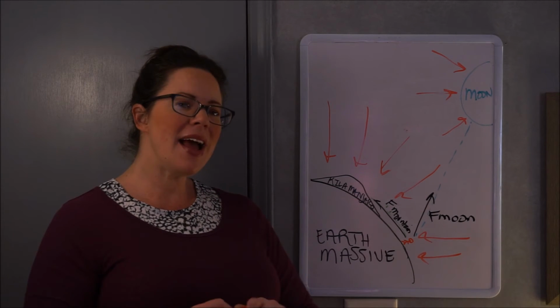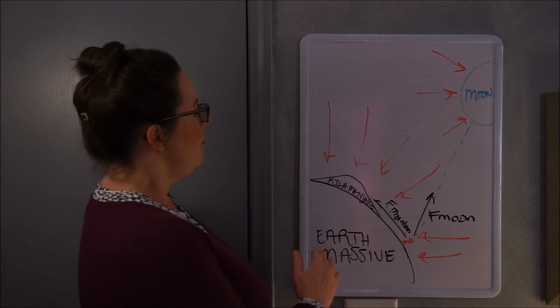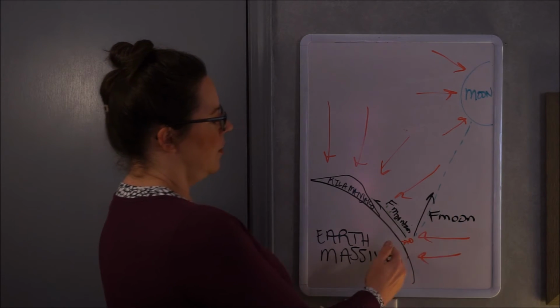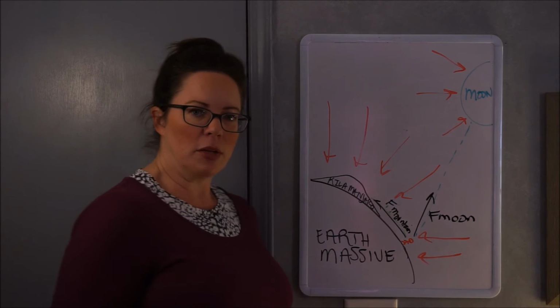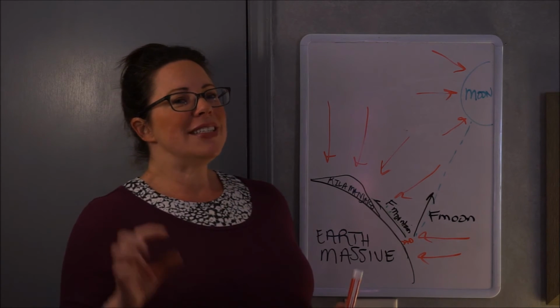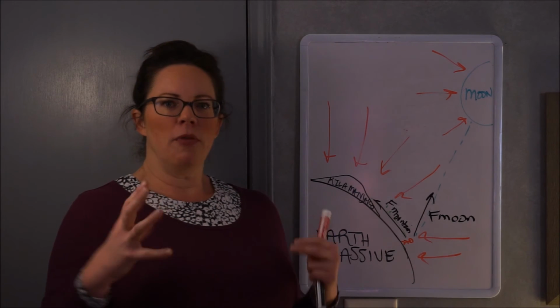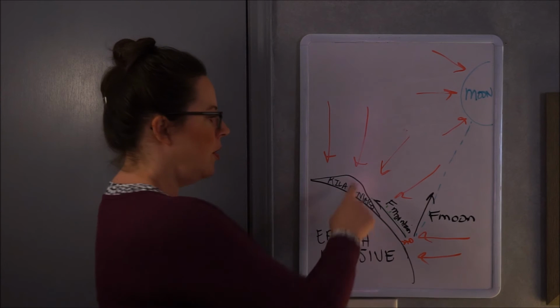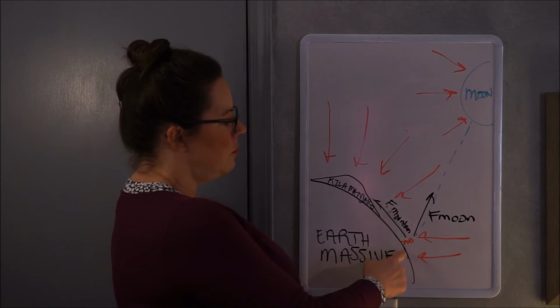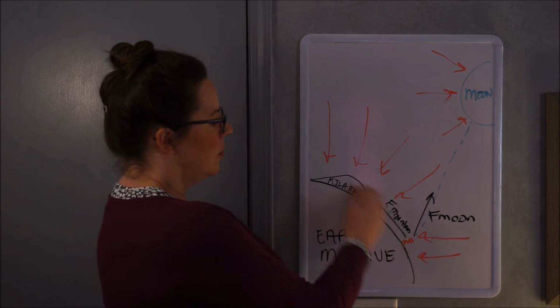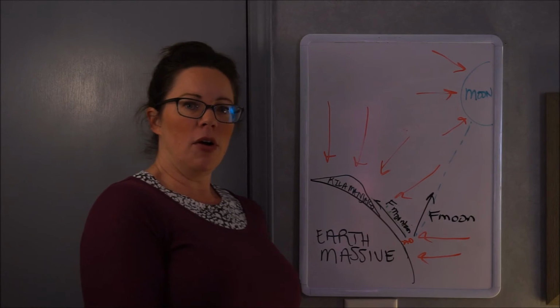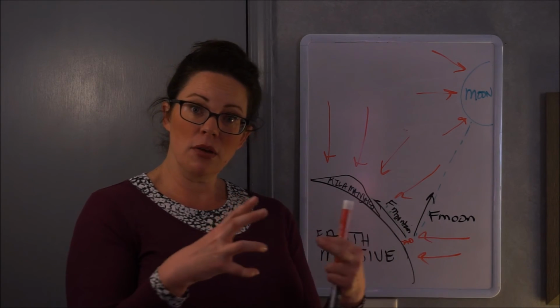But does the gravity ever go away? If you move away from the surface of the Earth and you climb up to the top of Mount Kilimanjaro, you would have just slightly less gravitational force acting on you at the top of the mountain than you do at sea level, because you're a little further away from the center of the Earth, where we say the Earth's mass is located.